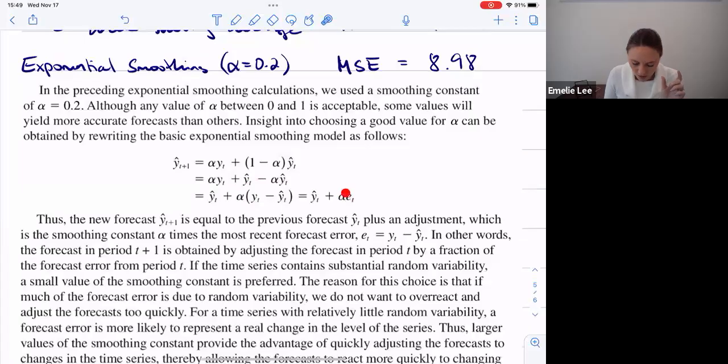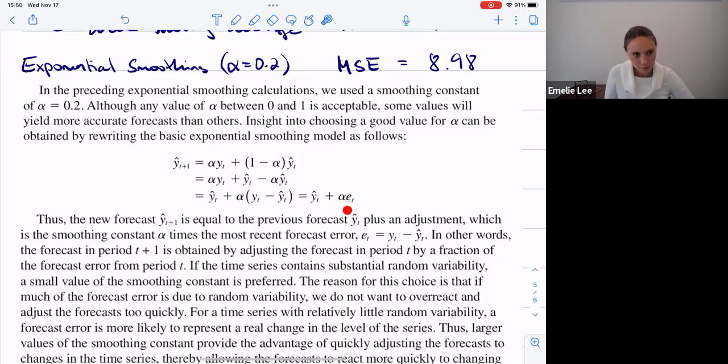So we can rewrite it as the error at time t times alpha. In words, the new forecast is the previous forecast plus an adjustment, an adjustment based off of the error that we had.